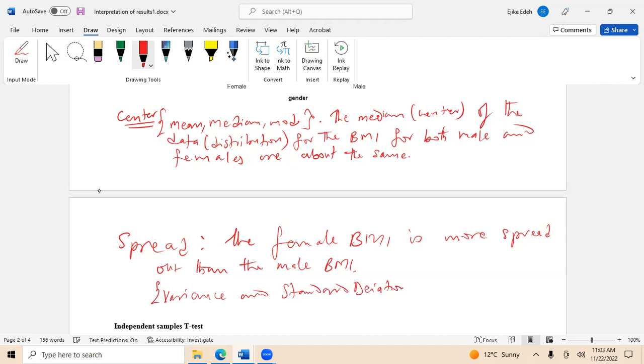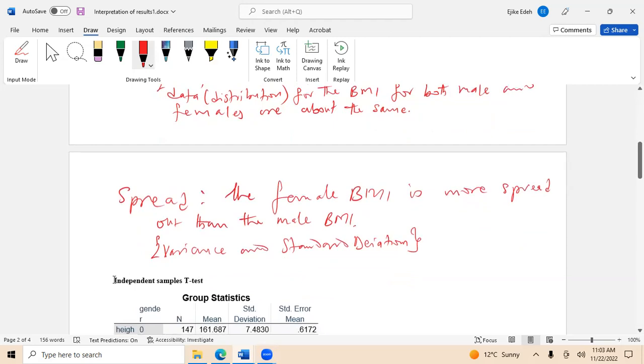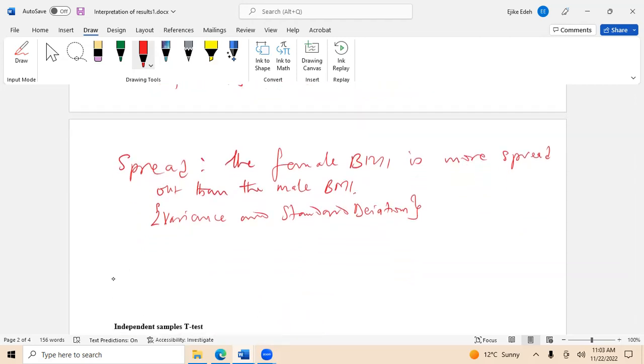So another way of stating this is to say that the variance for females is bigger than the variance of the BMI for male.